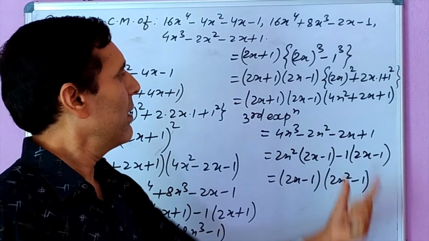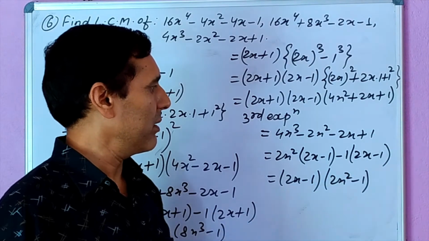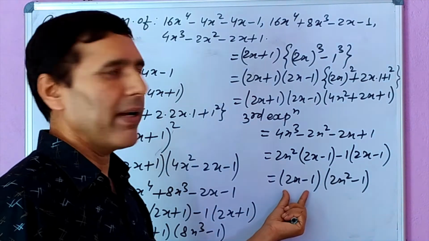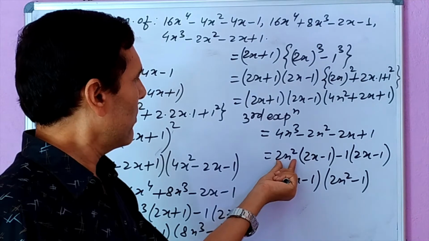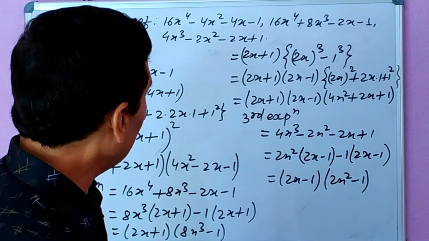In the last two terms, after taking minus 1 common, we also get 2x minus 1. So 2x minus 1 is the common factor. Then what remains is 2x square minus 1. You cannot do anything for this. So it completes the factorization of the third expression also.